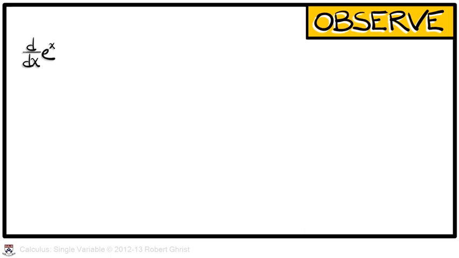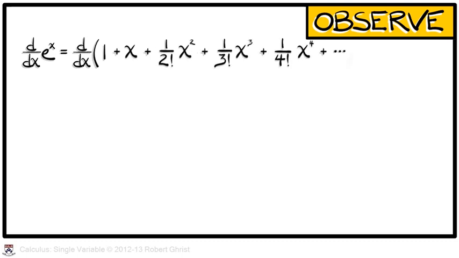For example, if we tried to differentiate e to the x by using our definition, then what would we obtain? Well, thinking of e to the x as a long polynomial in x allows us to apply what we already know. For example, what is the derivative of 1? Well, that's clearly 0.